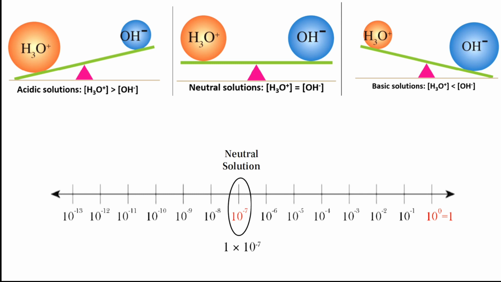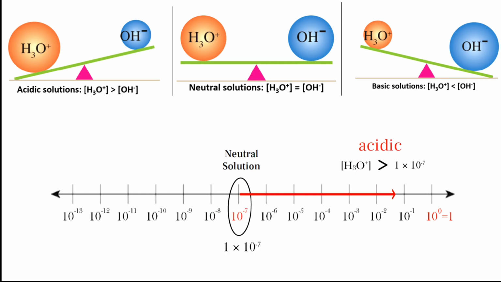For the other cases, if we rely on the concentration of H3O+, as we know, an increase in its concentration in the solution indicates an increase in the acidity of this solution. If the concentration of H3O+ is greater than 1 times 10 to the power of minus 7 in this direction, then the solution is acidic.